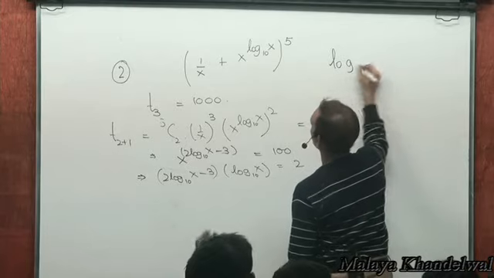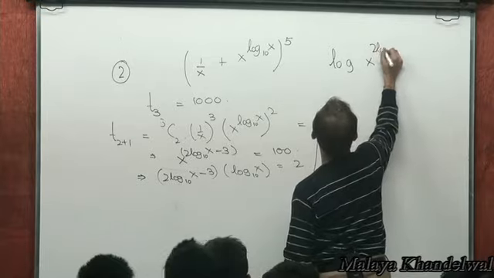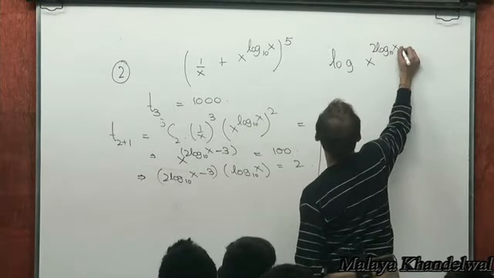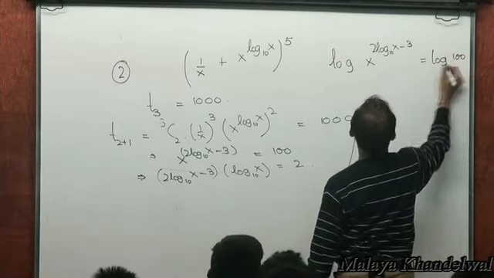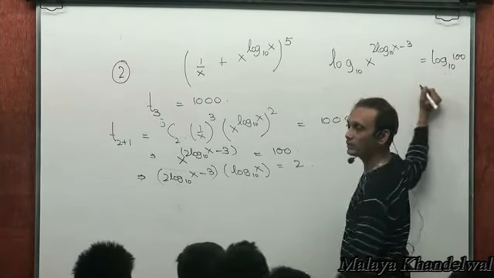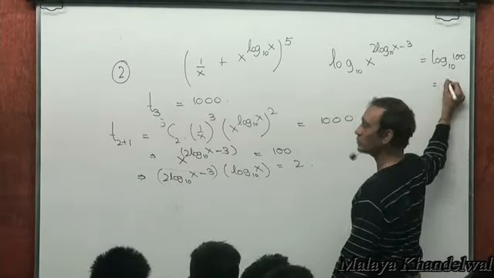Log of x to the power 2 log x to the base 10 minus 3 is log 100 to the base 10, right? This will be 2.